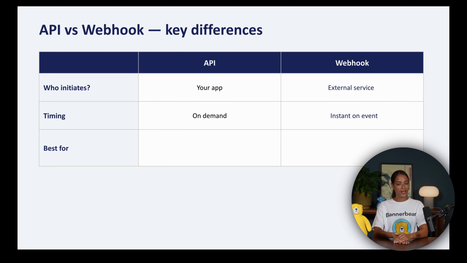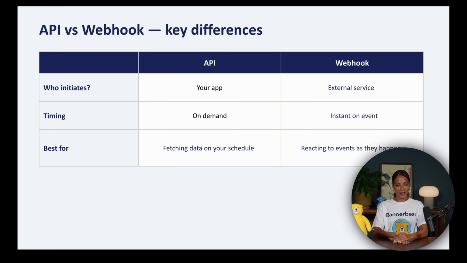Best fit? APIs work best when your app needs data on its own schedule, like fetching a user profile, querying a list of records, or submitting a form. Webhooks work best when you need to react to something the moment that it happens on an external system, like a payment completing, a file finishing, or a new subscriber joining.